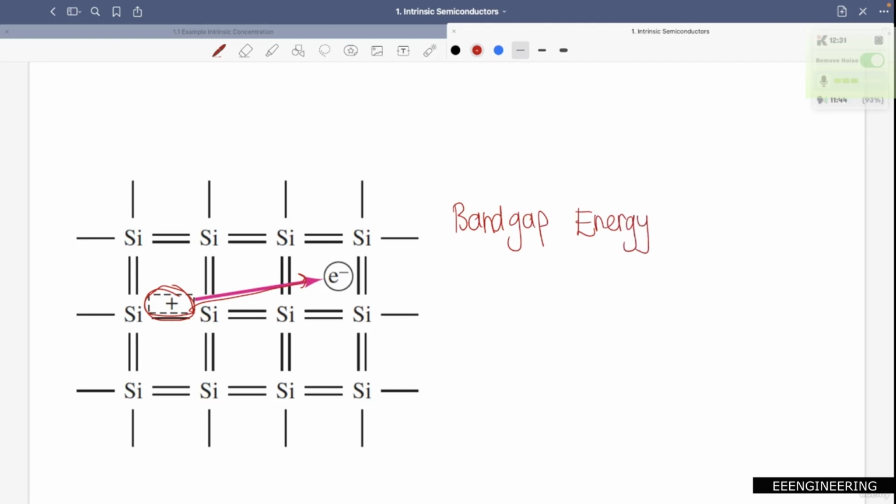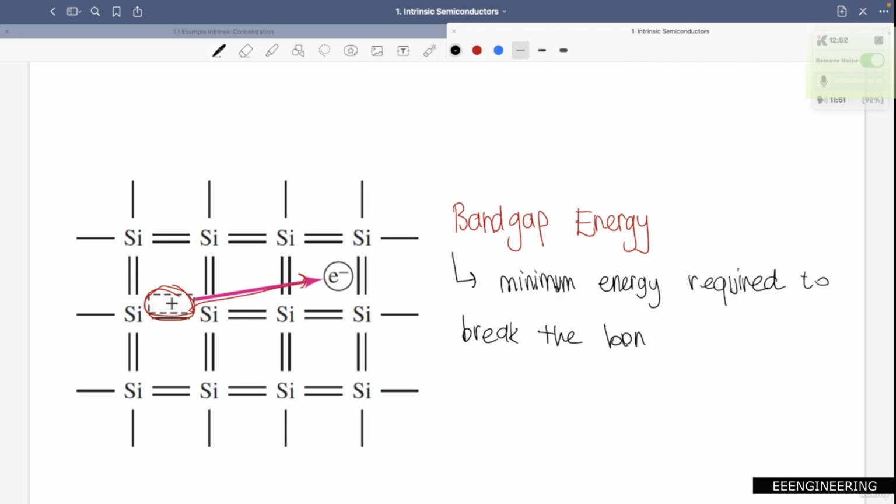So band gap energy is basically the minimum energy required to break the bond. One important thing is that band gap energy is measured in electron volts, and it is denoted by Eg.